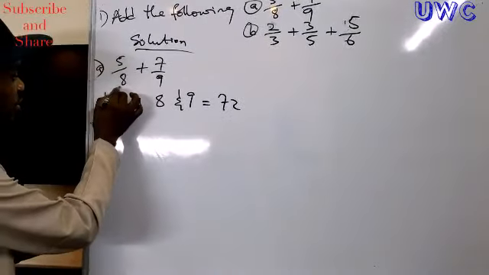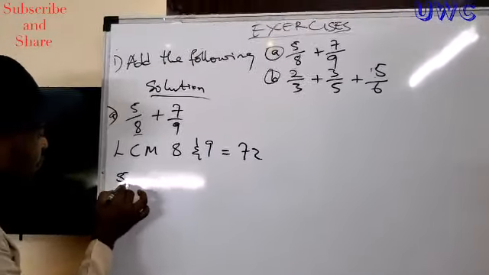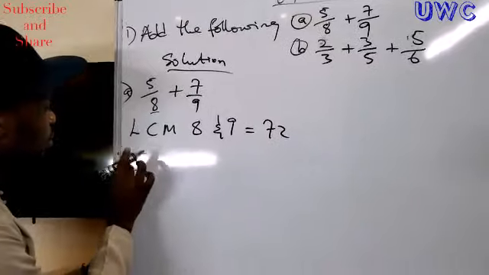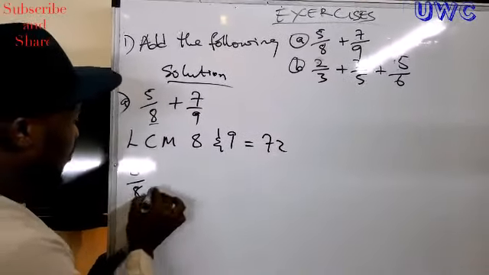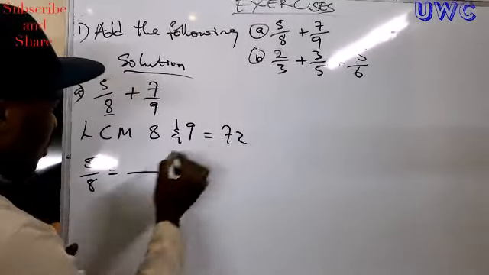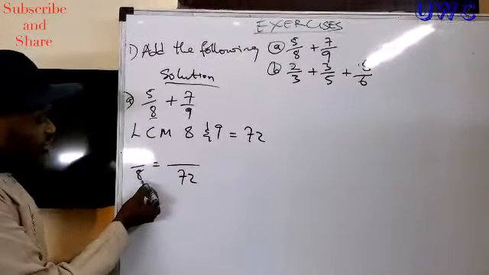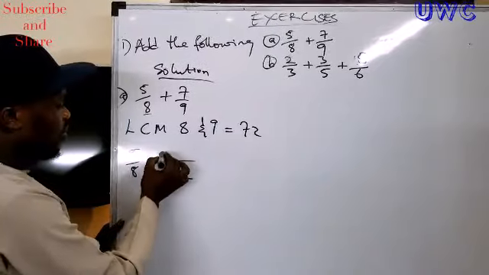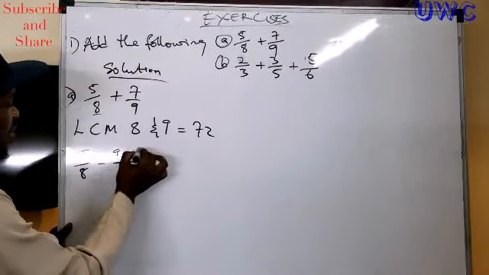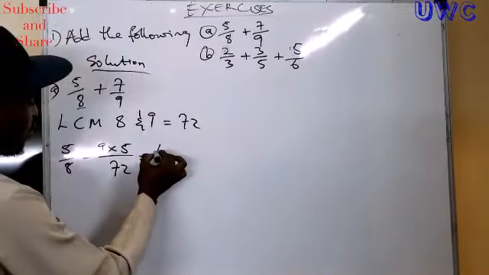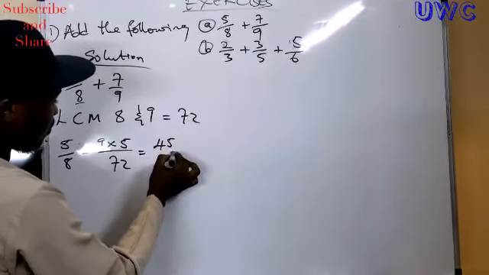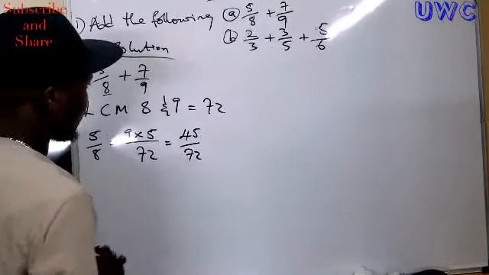Then we'll take them one after the other. 5 over 8 is equal to, the LCM, that is 72. 72 divided by 8 will give us 9. 9 multiplied by 5 will give us 45 over 72.